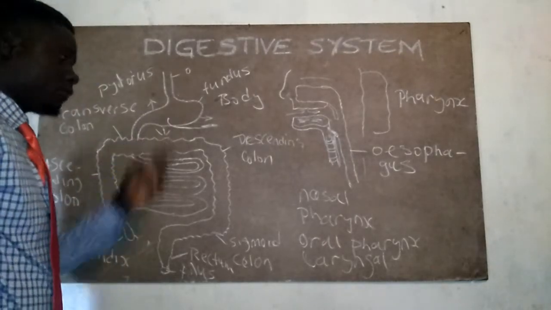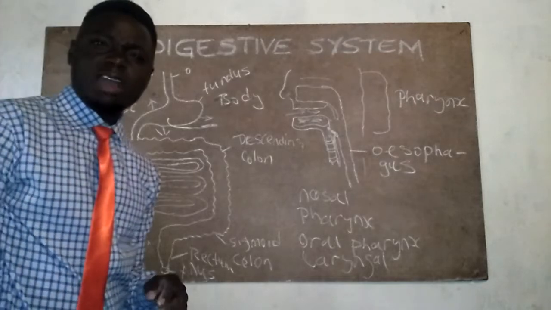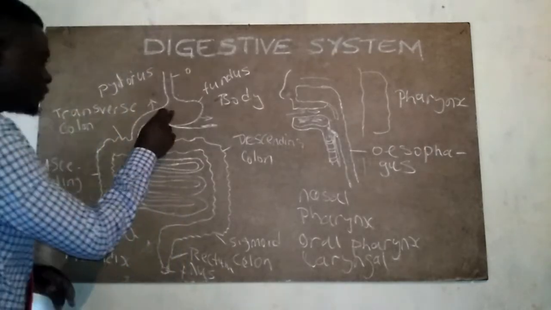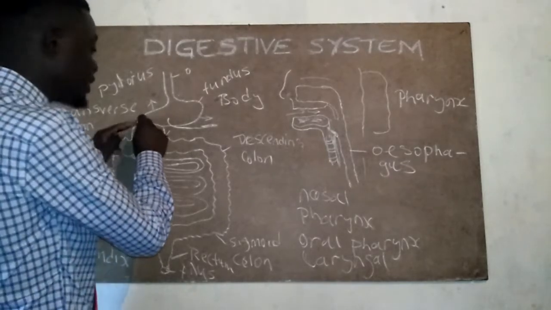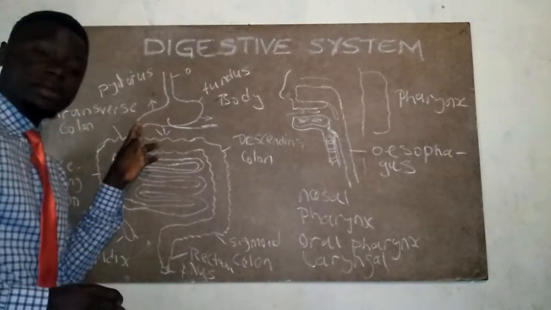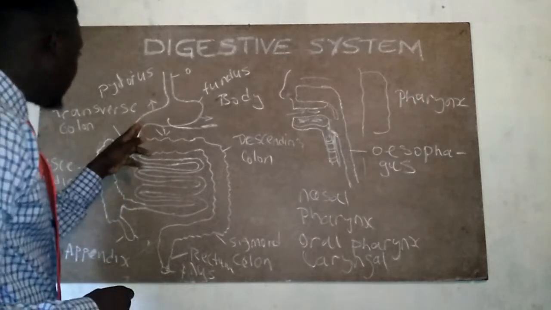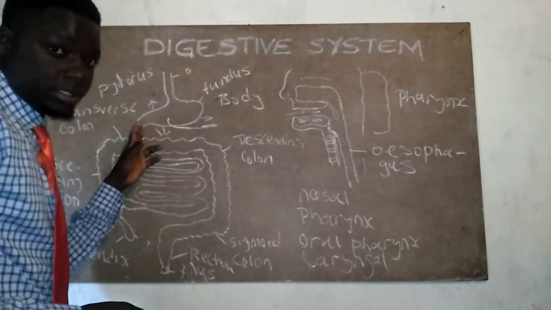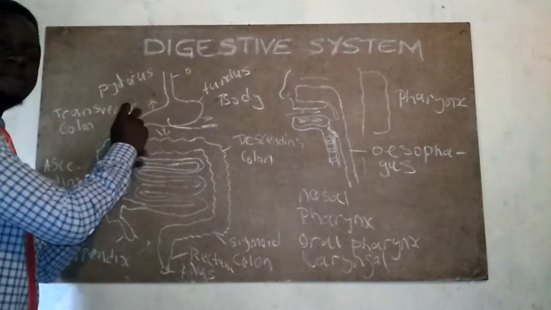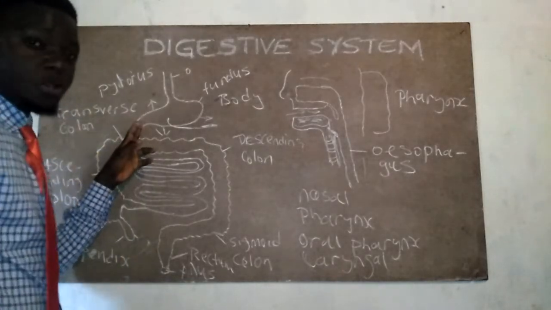And after 45 minutes, alcohol can be absorbed after it has passed down through this sphincter. This sphincter here is called the pyloric sphincter, because it is at the level of the pylorus of the stomach.